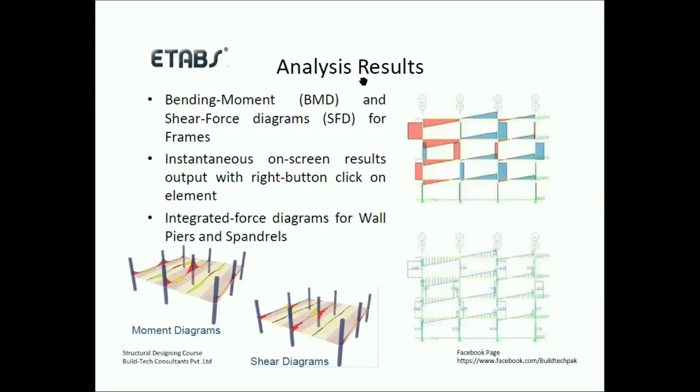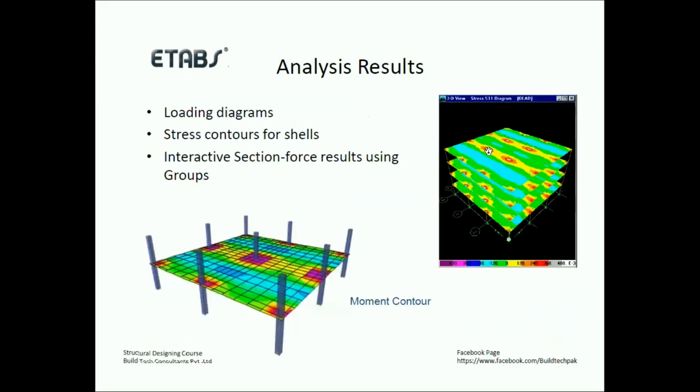This is the viewing option. Once you perform the analysis, you are able to see the shear force and bending moment diagrams. See in the bottom diagram, they have the BMD diagrams for all these members. At the top, you have shear force diagrams. In addition to these shear force and bending moment diagrams, you can see them in the form of contours.